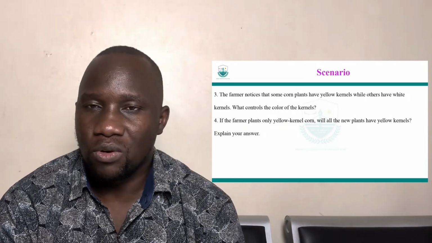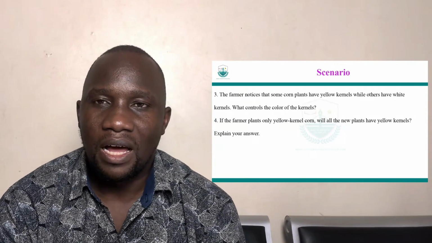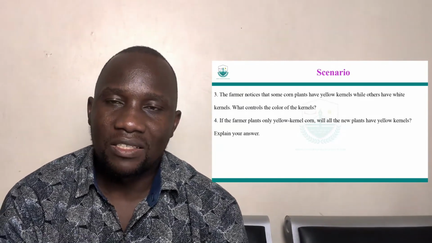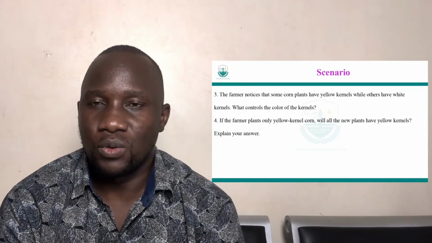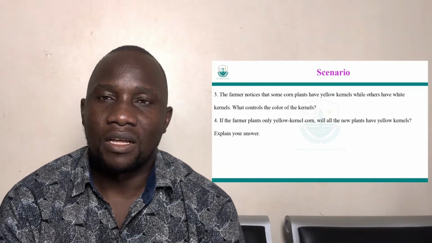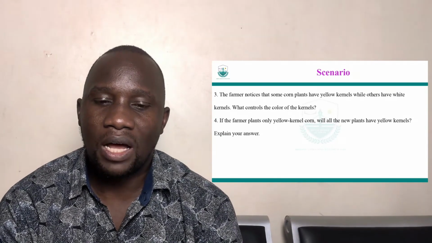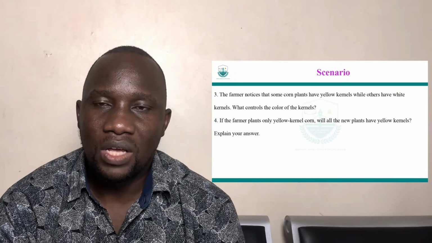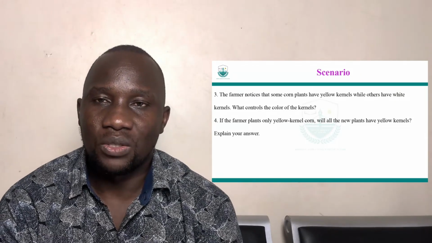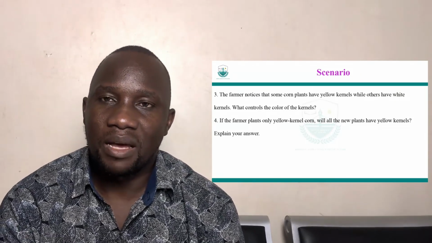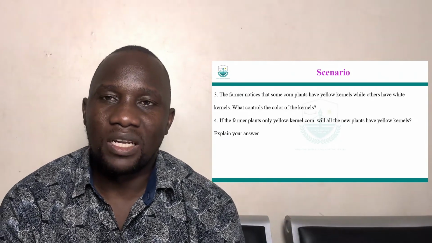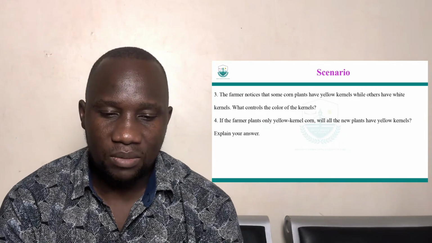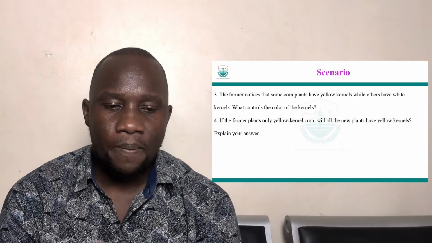Okay, we also talked about terms to do with alleles, which are basically alternative forms of the genes. So it is also okay for you to say that kernel color is determined by alleles, and these alleles have different versions. Some are dominant, some are not, and those that are dominant will always express themselves, while those that are not will not be able to express themselves.